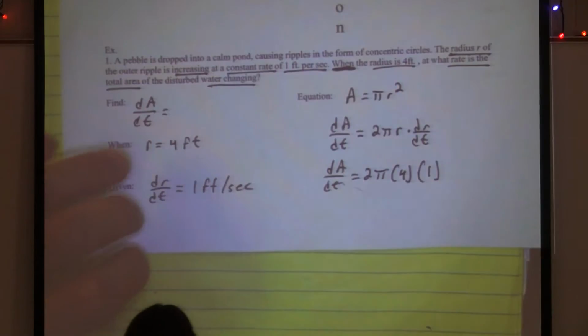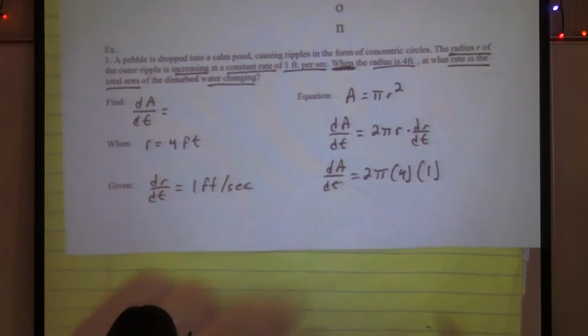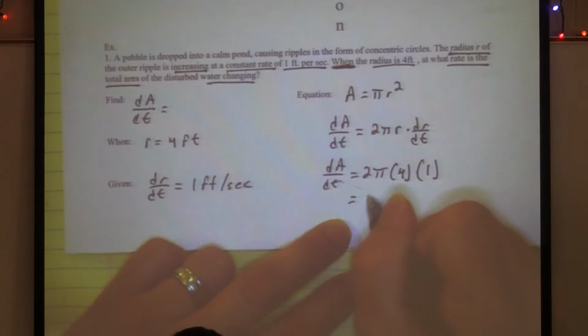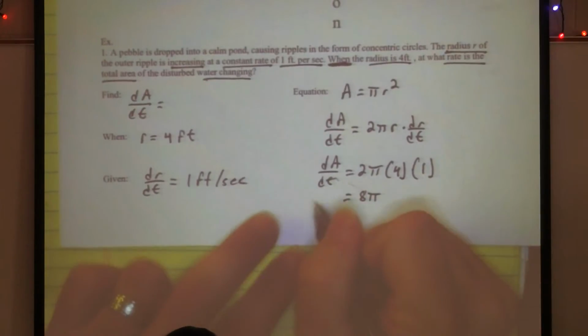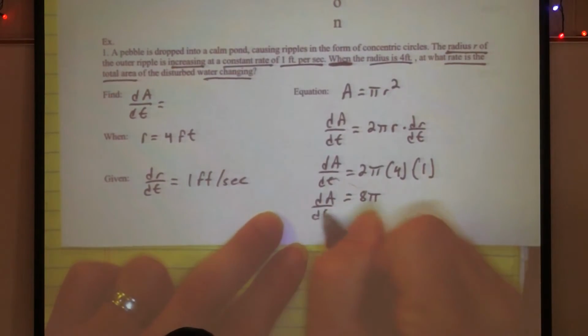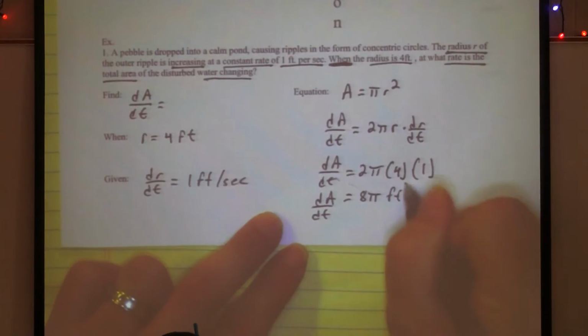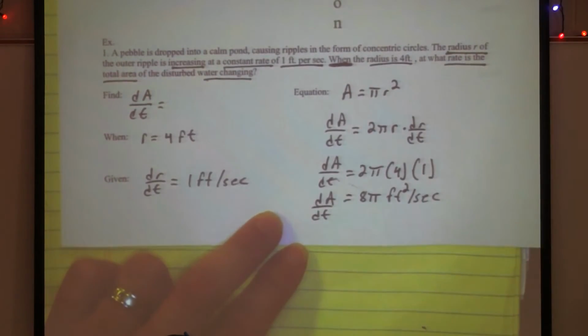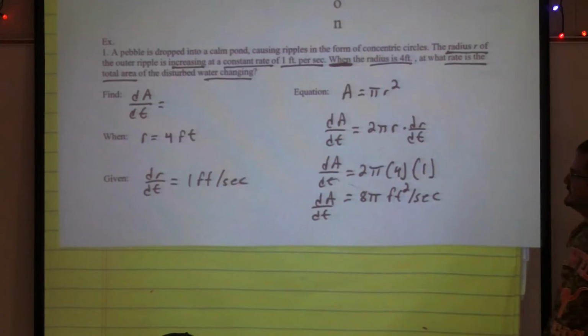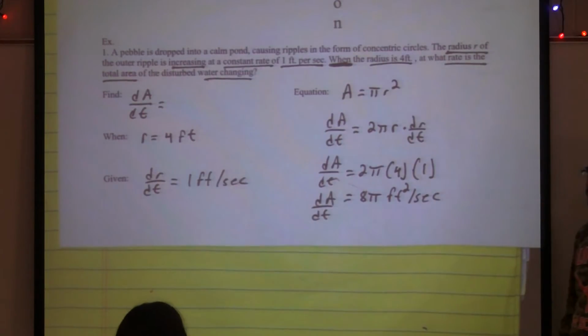And let's leave it in terms of pi because we don't have a calculator. So this will end up being what? 8 pi. And what are my units? Feet squared per second. How did I know it had to be squared? Because it's area. Very good.